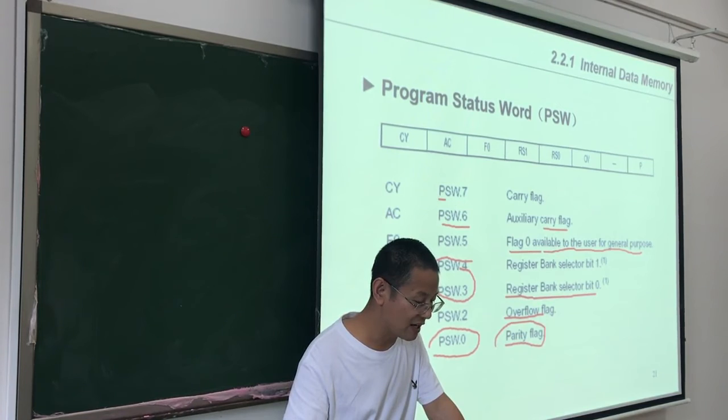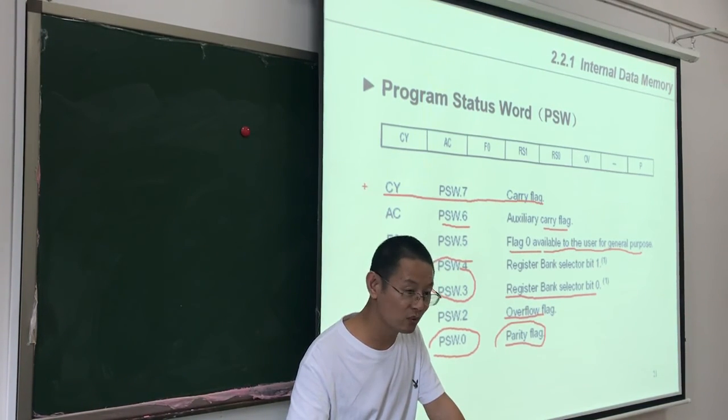The PSW carry bit is used for the carry flag. Sometimes we use just C to represent CY, and AC for the auxiliary carry.